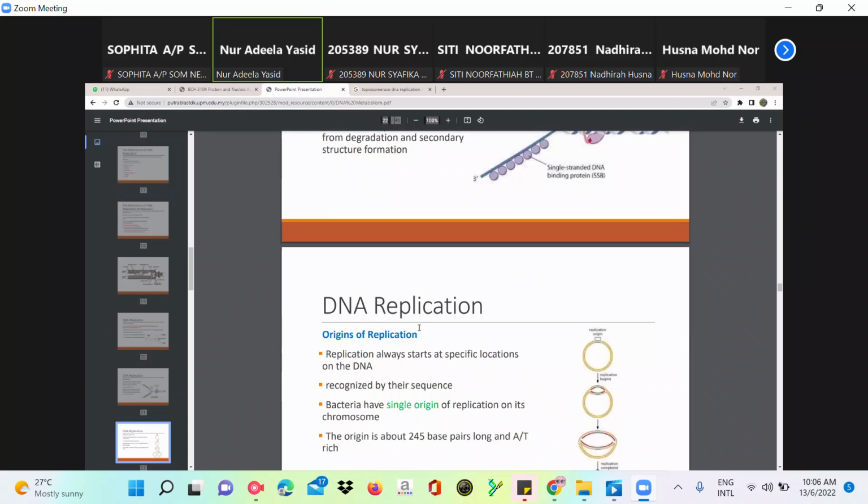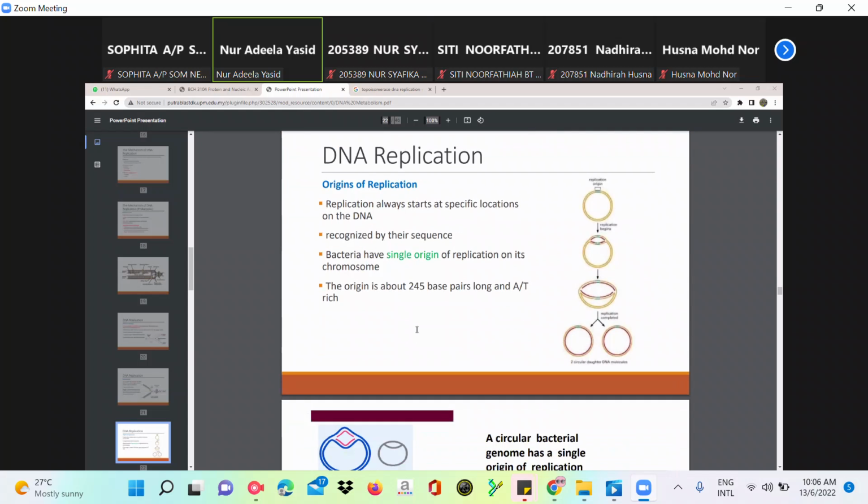Okay. Regions of replication. This is where our cells know where to start replication. So it identifies the origin. Where is the origin of the replication? Our cells can identify it. For example, if I want to insert a specific sequence into an E. coli system, I need to amplify that specific sequence.